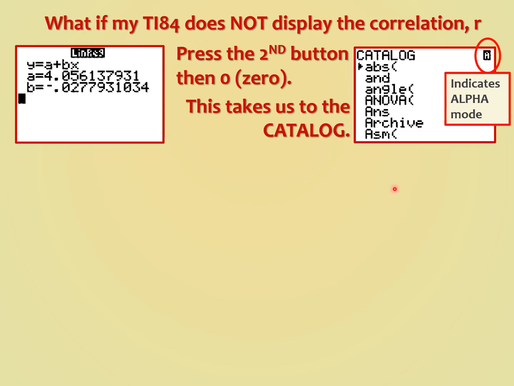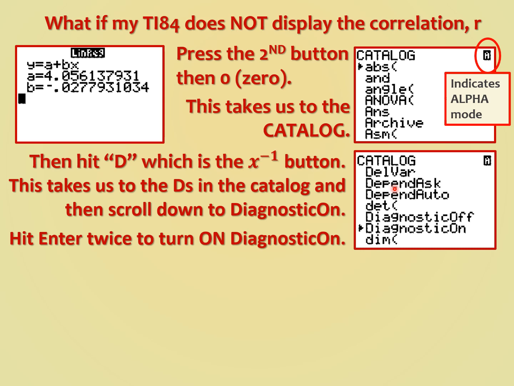So we want to hit the D button, which is the alpha function of your inverse, or X to the -1 button. Look at your X to the -1 button. It says matrix above it, and next to it says a D. So just hit that button, and notice it instantly takes us down to the D's.